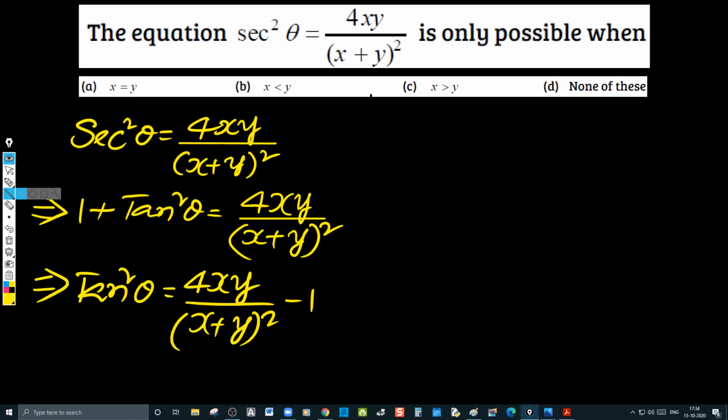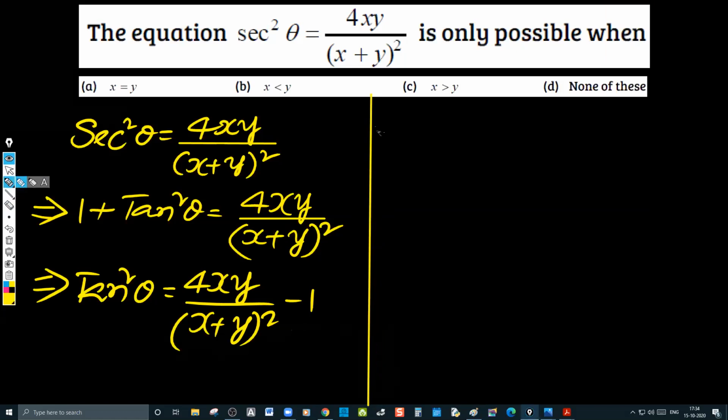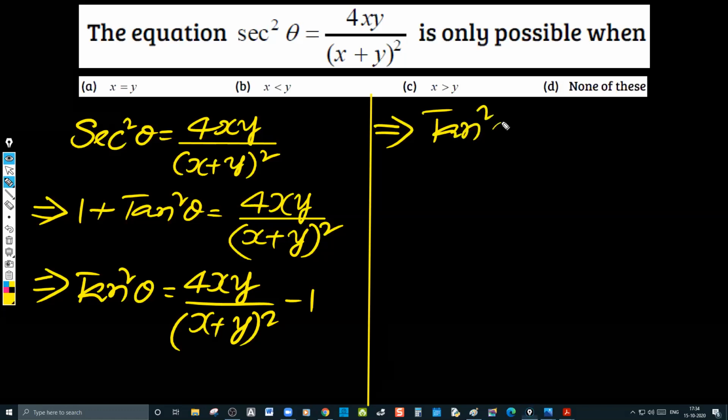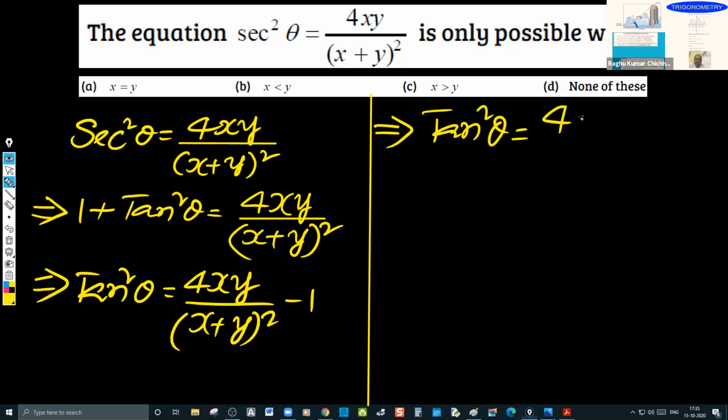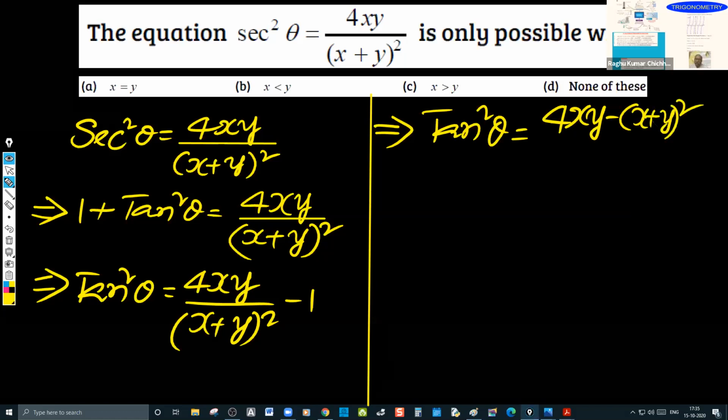Tan square theta equals, tell me the LCM there, 4xy minus (x plus y) whole square by (x plus y) whole square.